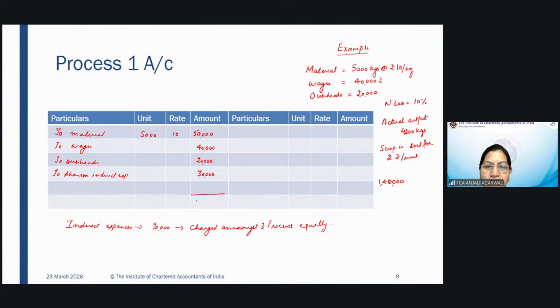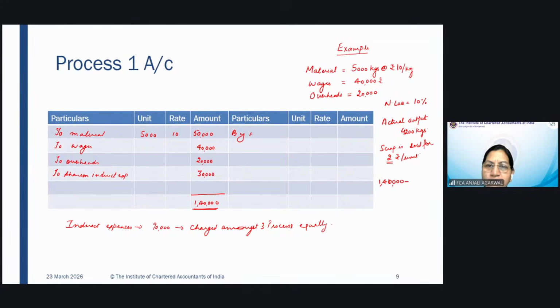And because I don't see abnormal gain here, I'm closing this total cost and writing the total as 1,40,000. Minus scrap realized from sale of normal loss units. Scrap is sold for 2 rupee per unit. Normal loss is 10%.